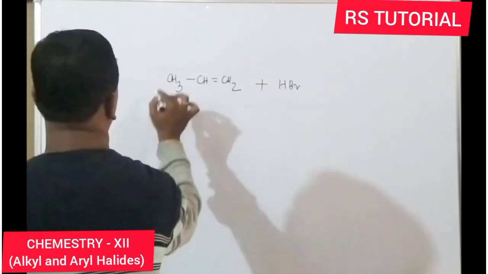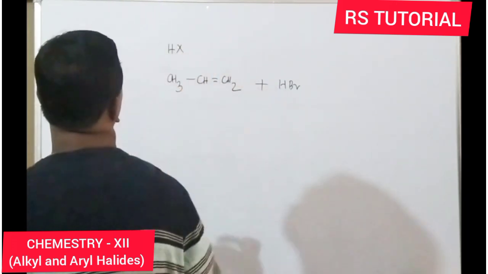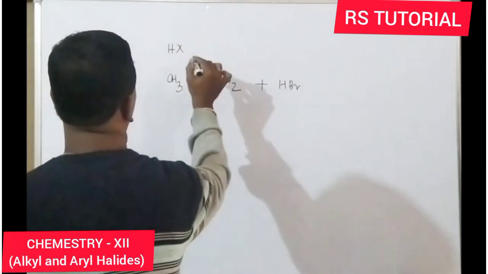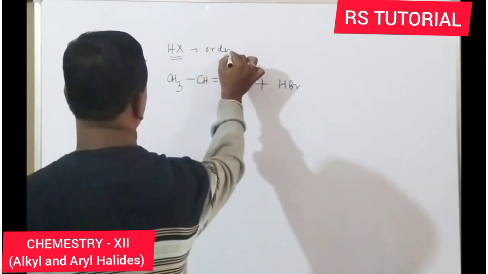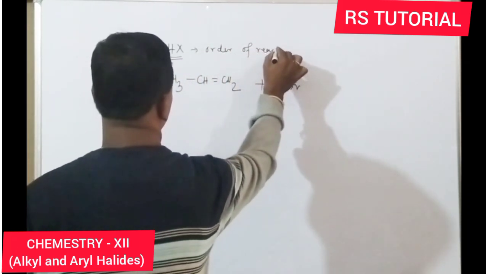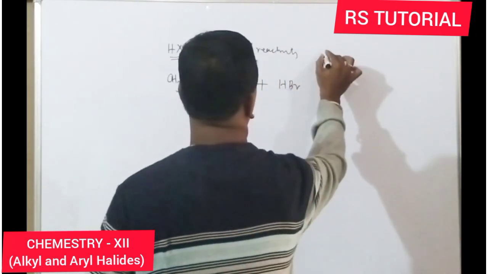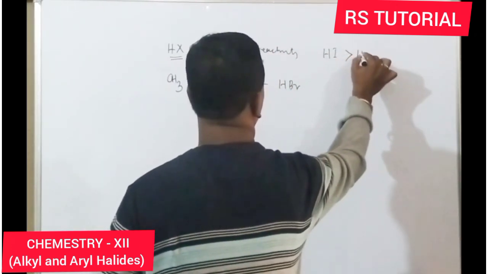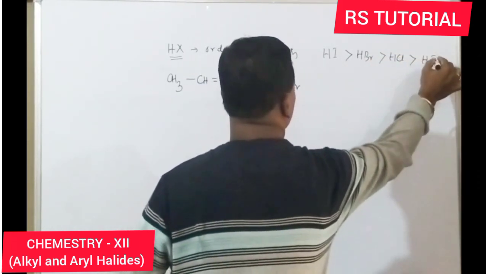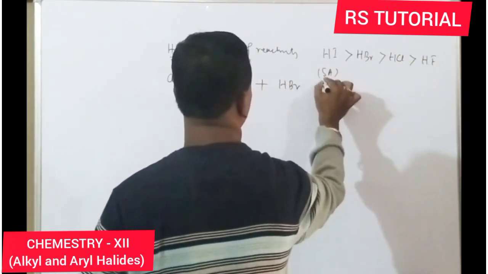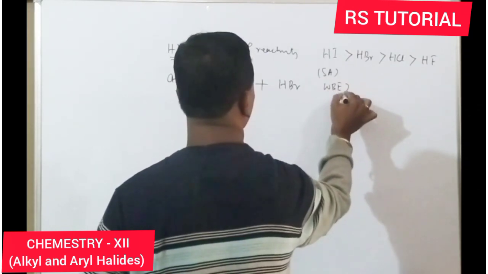Okay. So following this rule, HBr or HX. This is halogen acid. Order of reactivity: HI greater than HBr greater than HCl greater than HF. HI is the strongest acid, weak bond dissociation energy.